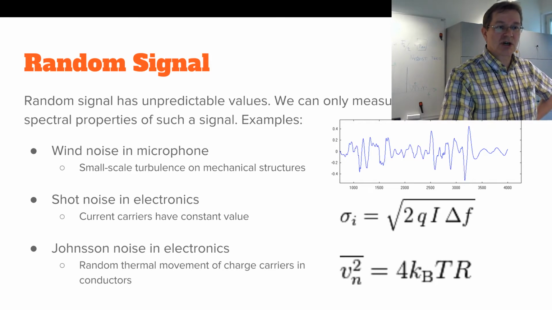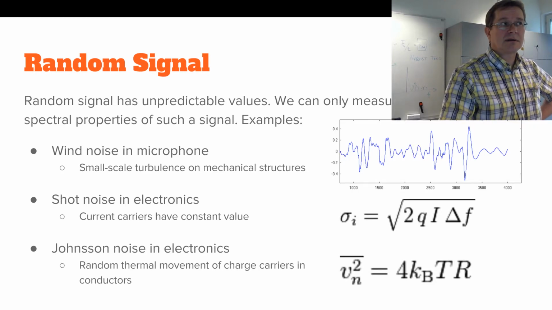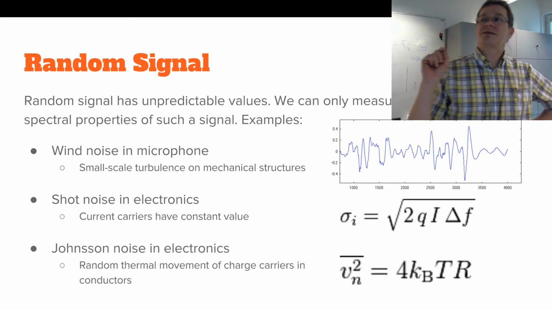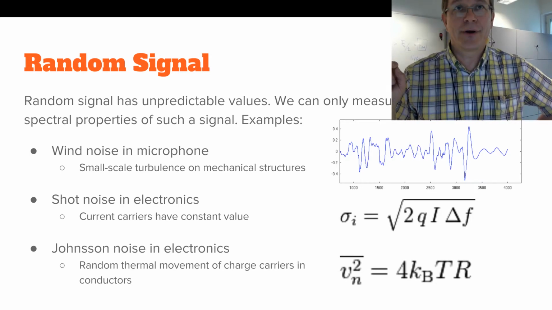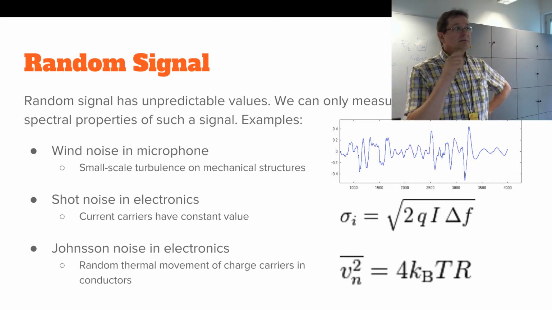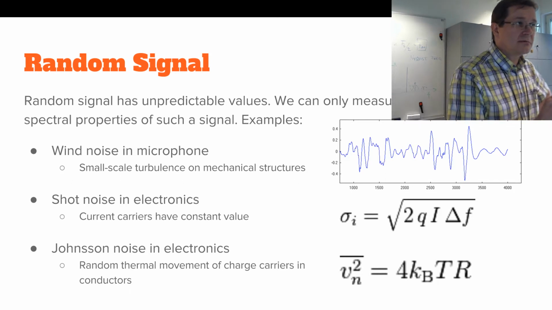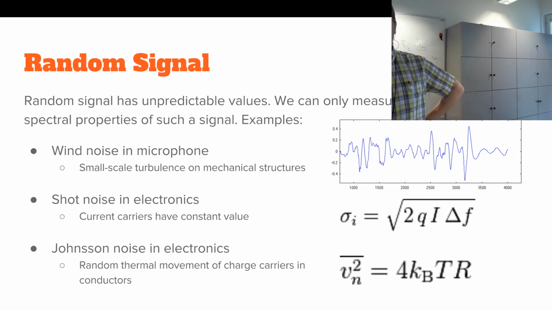Always there is shot noise. If you have any current flowing through a system, you have basically quantized carriers called electrons moving there. So you will have noise immediately if you have any movement of current, and you cannot get rid of that.